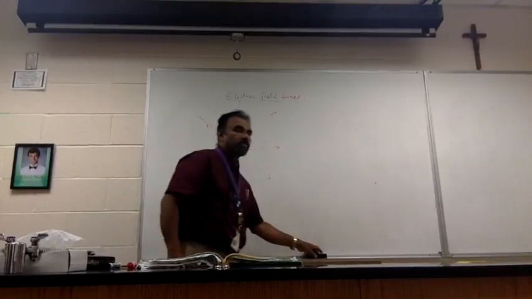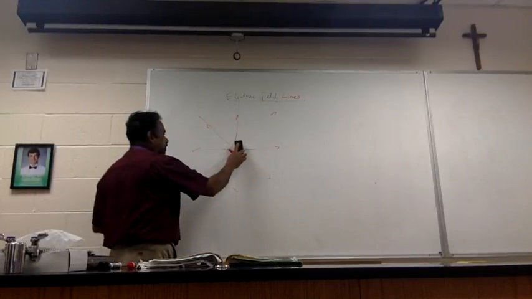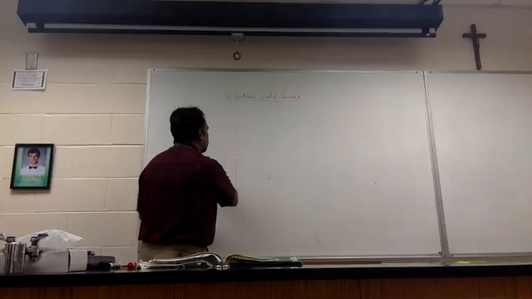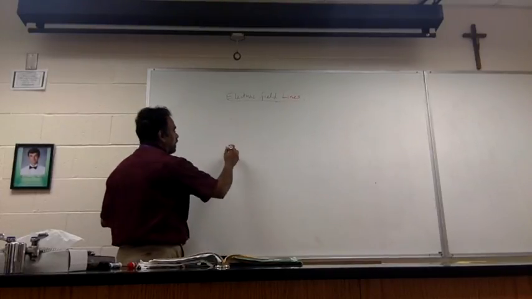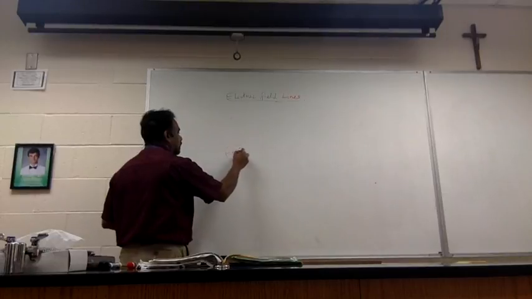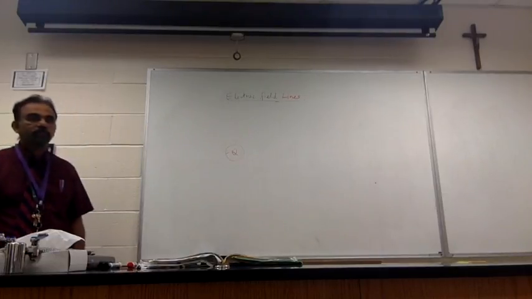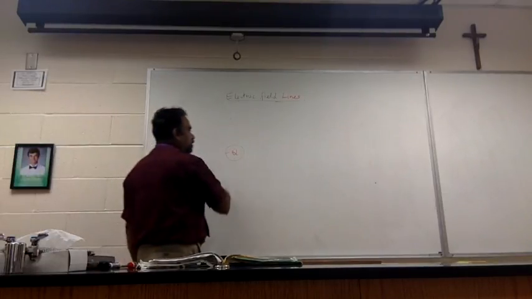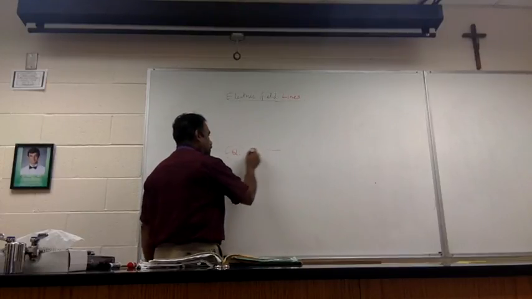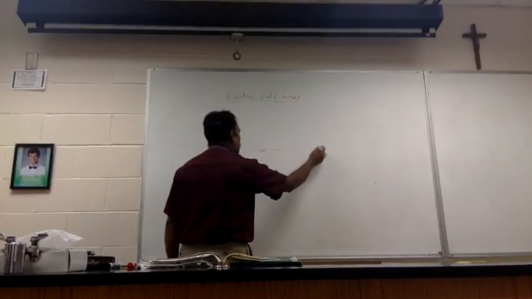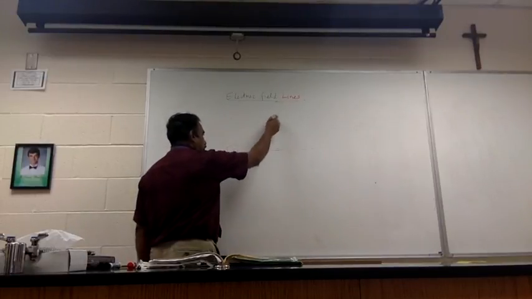What about if it was a negative charge? If it was a negative charge, you release a unit positive charge here, it will go this way. And if I release it here, it's going to go inward.